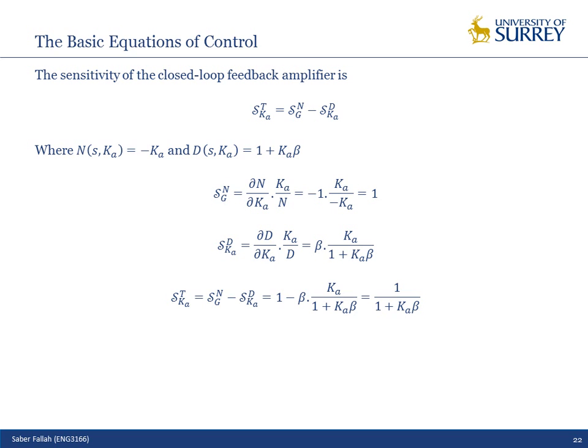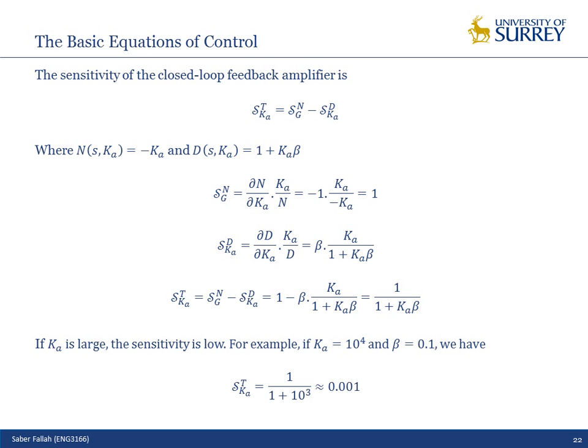As a numerical illustration of this relation, assume Ka is 10 to the power 4 and beta is 0.1. If I assume these numbers, the sensitivity of the system against Ka will be 0.001, 0.1% sensitivity, almost zero.